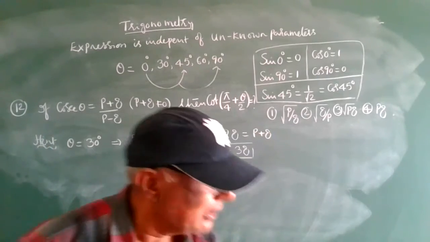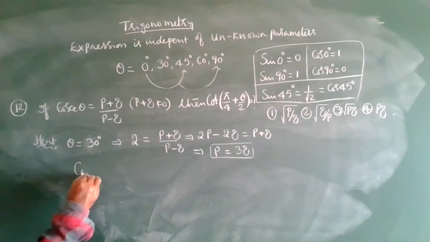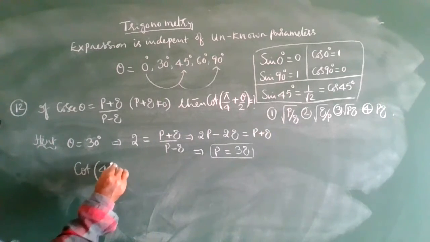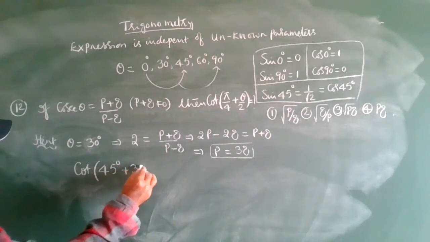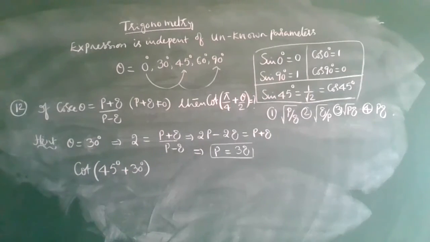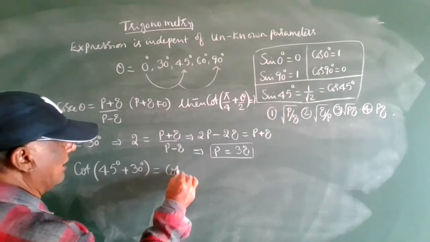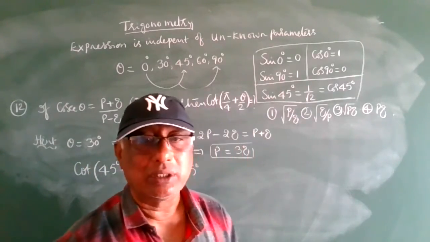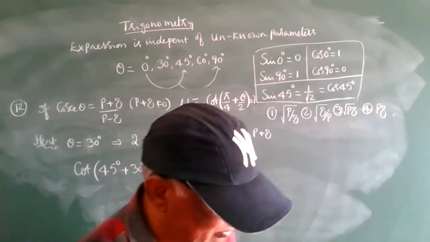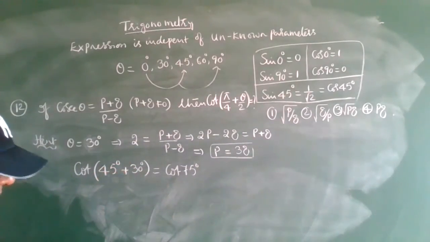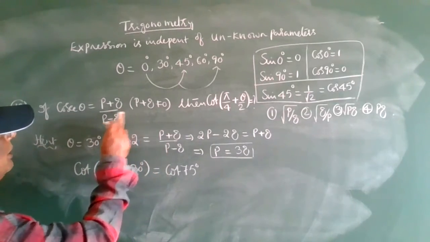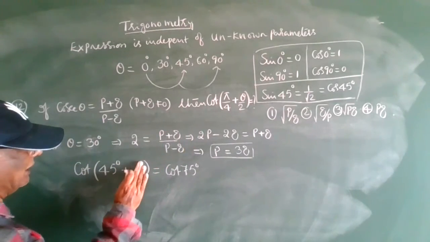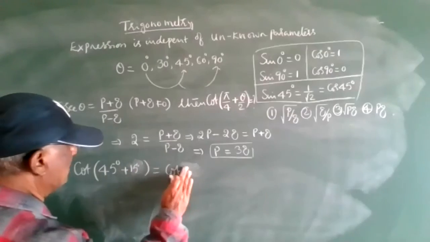Write down, everyone. Everyone observe. Cot of pi by 4 means 45 degrees, theta is 30 degrees, so theta by 2 is 15 degrees, and the total is 60 degrees.